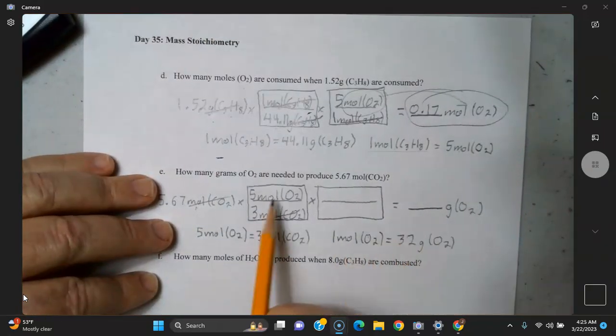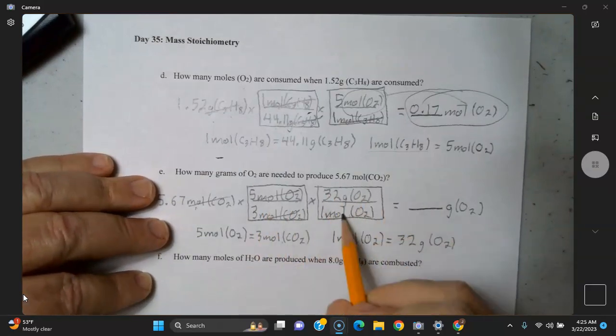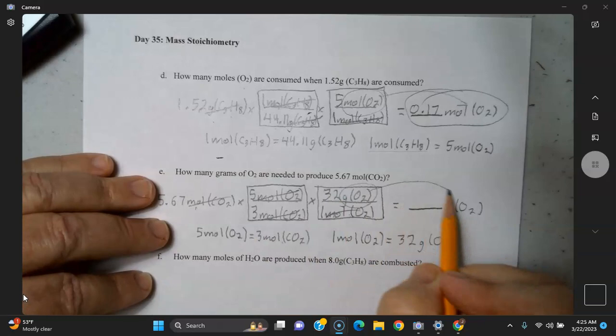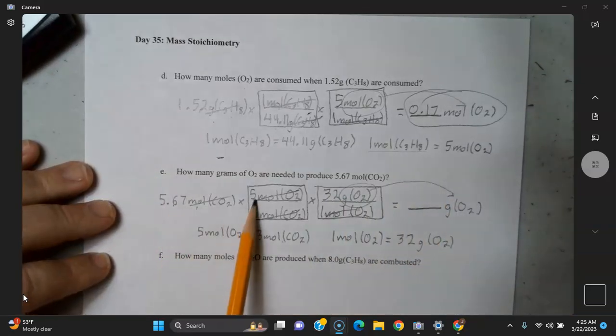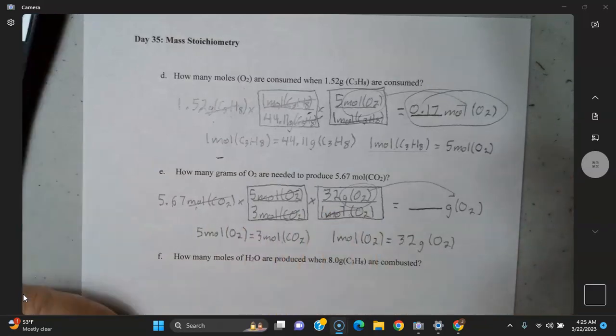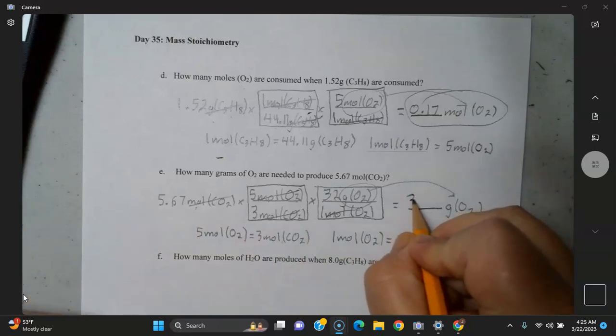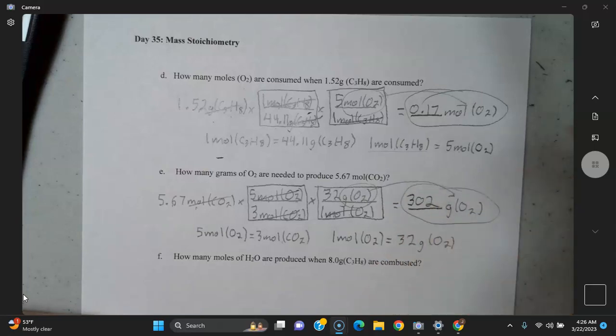Moles of O2 on the top needs to be on the bottom, cancels in that. Last man standing is grams of O2, which matches up. So it's 5.67 times 5 times 32 divided by 3 divided by 1. Okay, and we get 302 grams of O2 for that.